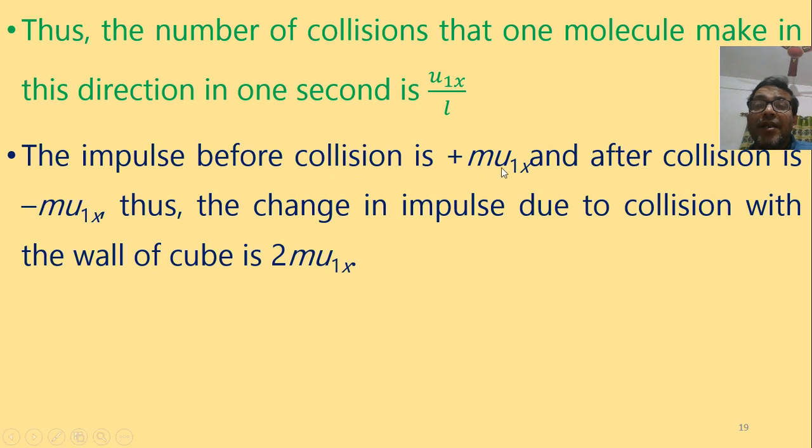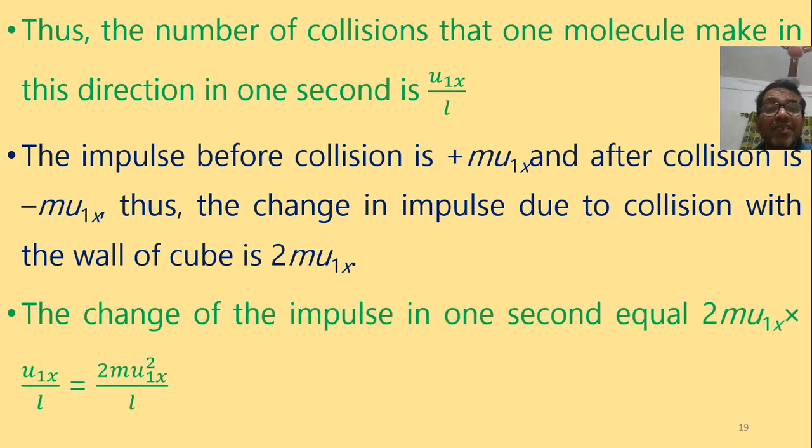Because mu1x is a vector quantity, so mu1x minus (minus mu1x), because they are going in opposite directions. So the change in momentum of this particle is 2mu1x, right? Why am I saying it is change in momentum or the force? Because here the time is 1 second, so that's why we say it is change in momentum or change in force or impulse, right?